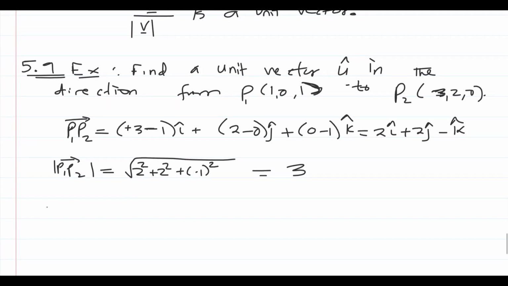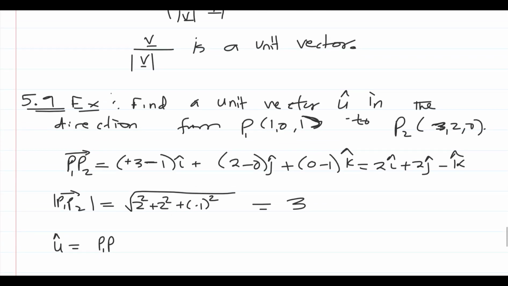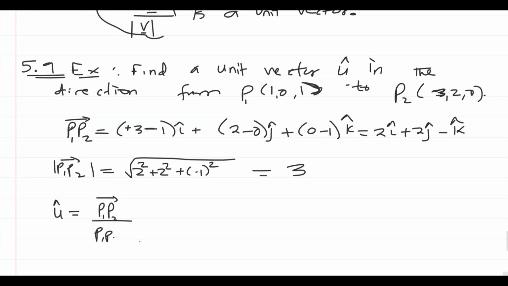So which means the unit vector û in the direction P1 to P2 is given by, by that definition, we divide the vector by its magnitude. We get a unit vector in that particular direction. So what do we have finally?